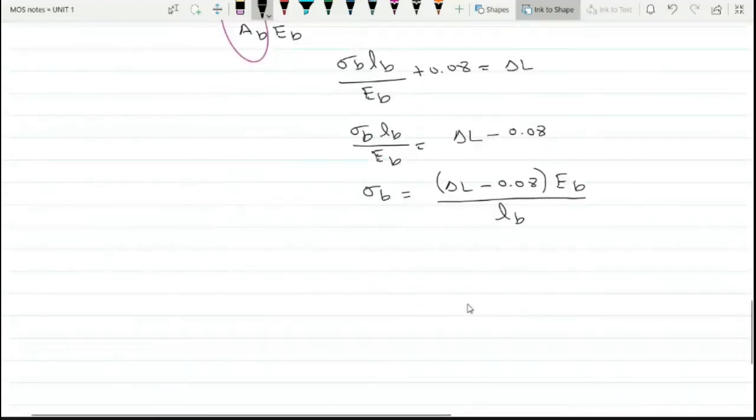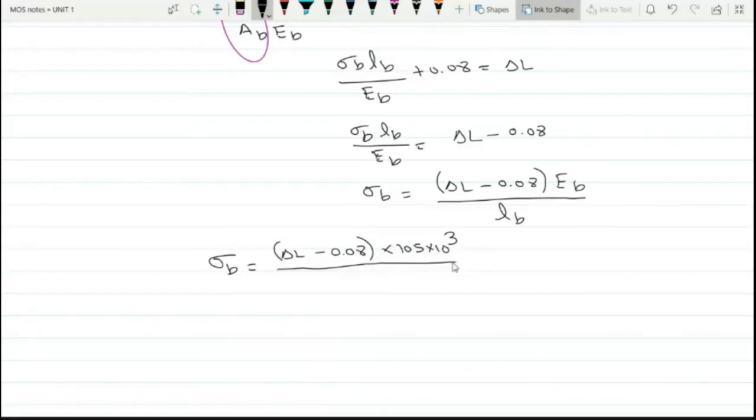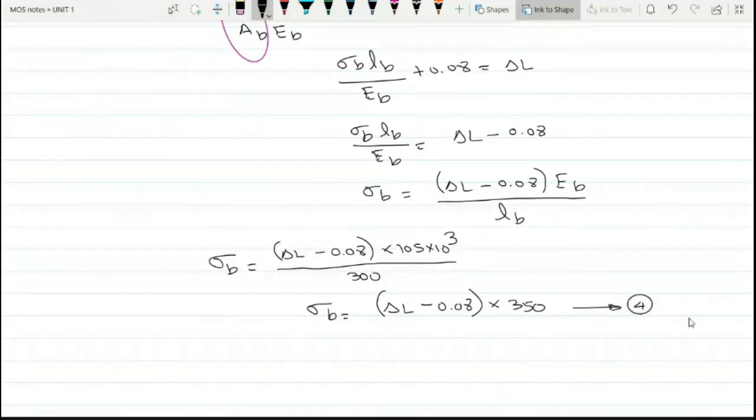Let me substitute these values. Sigma B will be equal to del L, that is what we are going to identify, minus 0.08 into EB, which is 105 into 10 power 3, divided by LB, which is 300. This is my fourth equation, the brass stress developed.